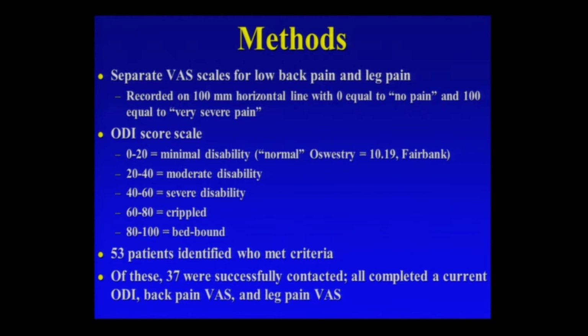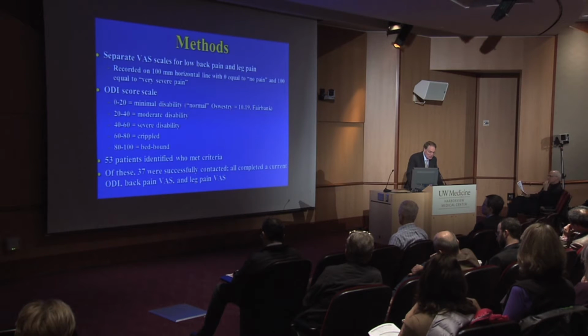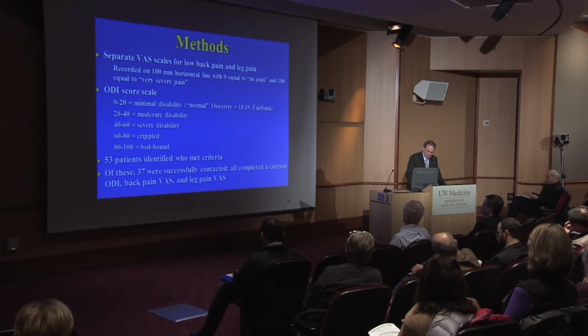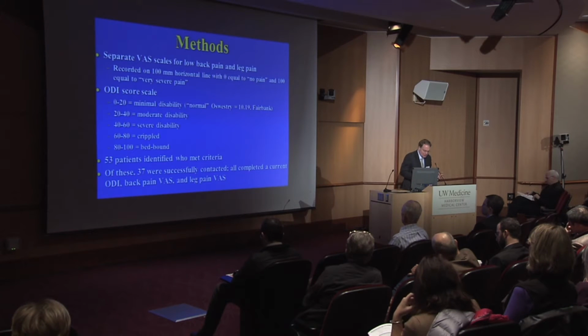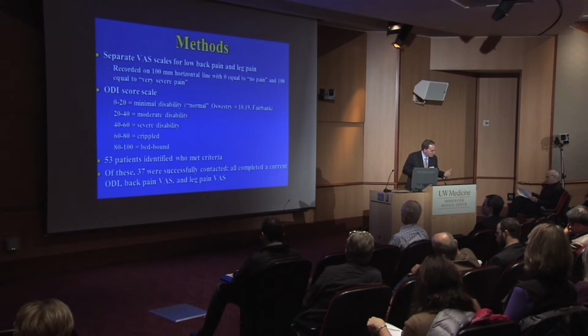But for those of you who have attempted long-term outcome studies, especially when there's not industry support and a study coordinator from a company coming and following these patients, and often in many of the studies paying the patients to come back for follow-up, when we're following patients that we've taken care of clinically, it's difficult to keep track of them so many years in the future. So 37 out of 53 I thought was reasonable.